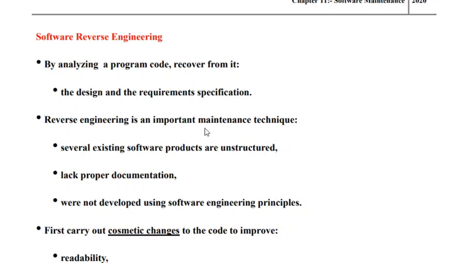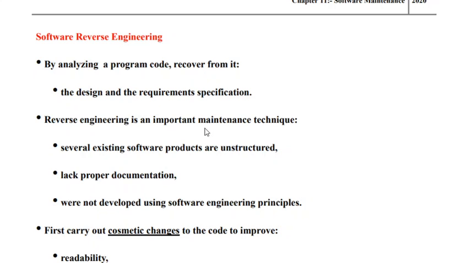Now, this can be one of the situations, where all the necessary artifacts required for maintaining the system are readily available. But in another situation, you may be asked to maintain a legacy system. Legacy systems are systems for which the necessary artifacts may not be available or may not be in a usable format.